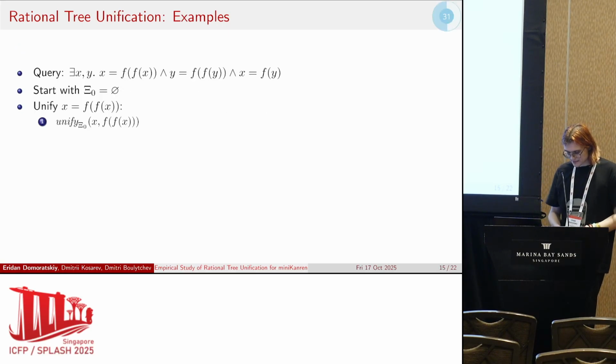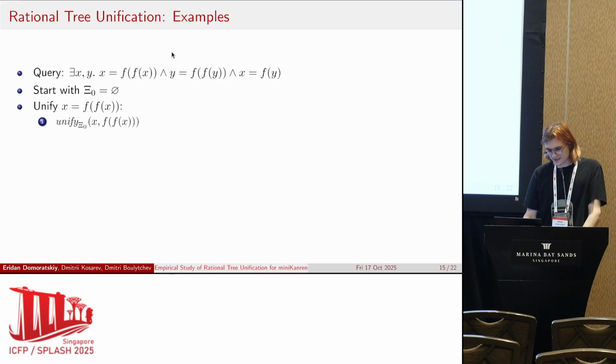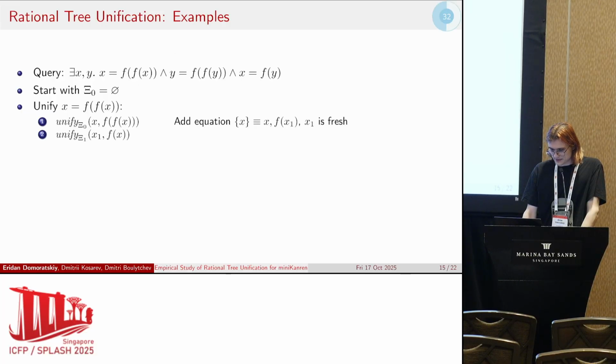In our algorithm, we firstly consider the first conjunct. It works like that. We need to add an equation for x firstly, but we have a subtree here. Because of that, we need to introduce a fresh variable and unify it with this subtree.